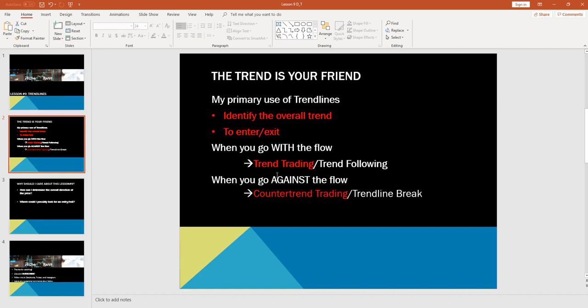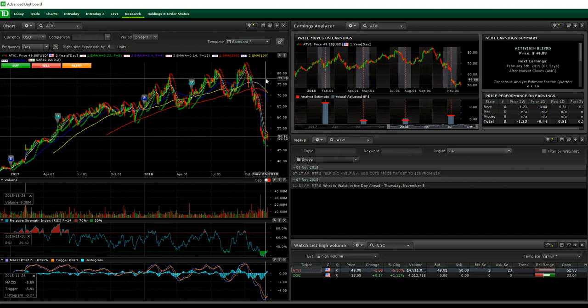When you go with the flow, it's called trend trading, and when you go against the flow, it's called counter trading. It's pretty self-explanatory, it's in the name, right? Counter is to go against, and with is just trend trading. So let's take a look at our candidates here.